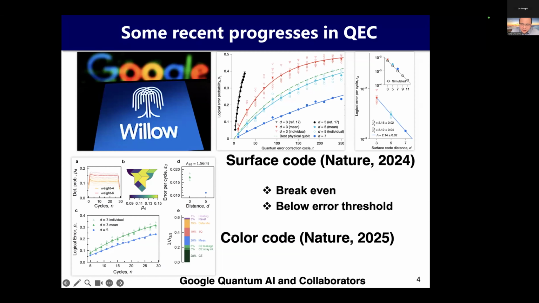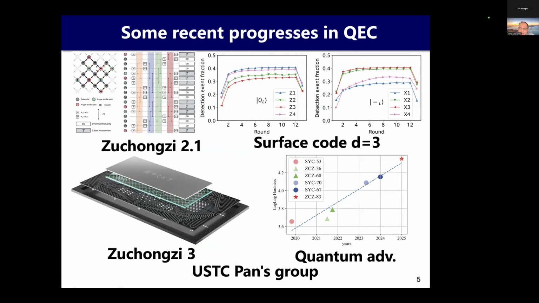This year, they also reported another experiment on the color code, and also achieved break-even. Compared to the surface code, for the color code, some logical operations are more convenient to implement on logical qubits. That's the advantage. In China, there is also some exciting progress on quantum error correction. For instance, Zhang Pan's group at USTC demonstrated the surface code with distance equal to 3 on their Zuchongzhi 2 chip.